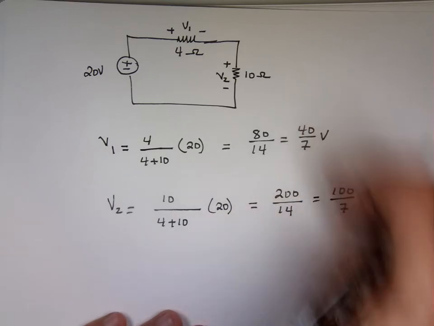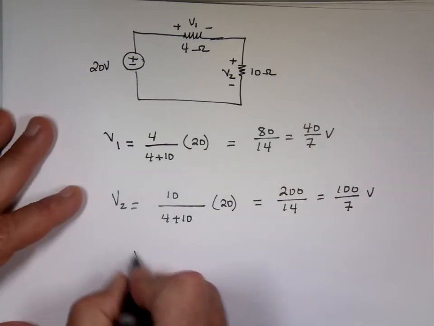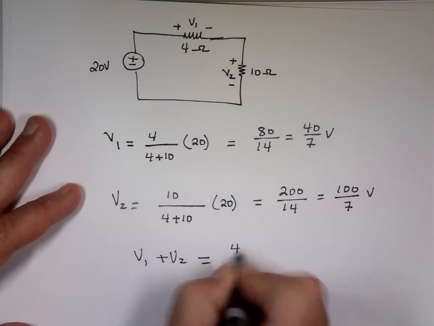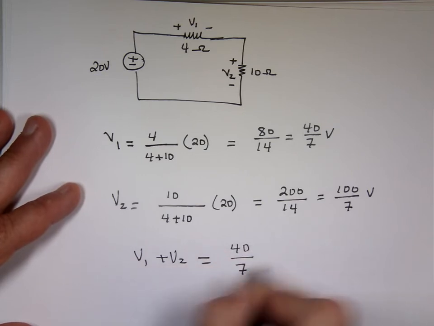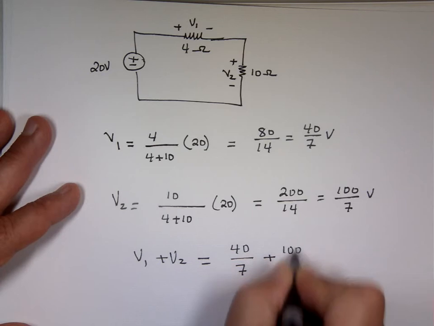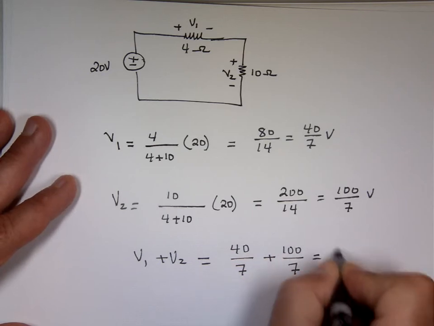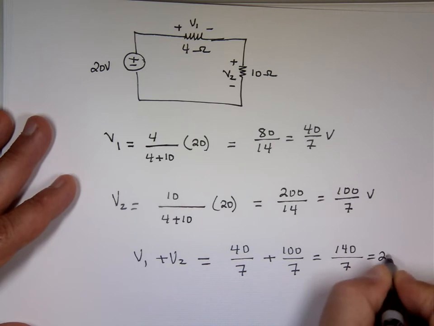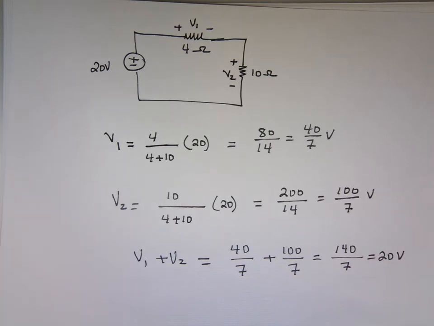Now, if I add these two voltages, what should I get? What do you think I'm going to get? 20. Better be 20. So it's 20 volts. It should be, because that's what the source is.